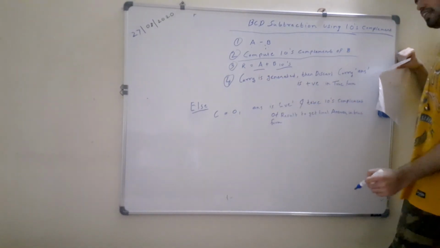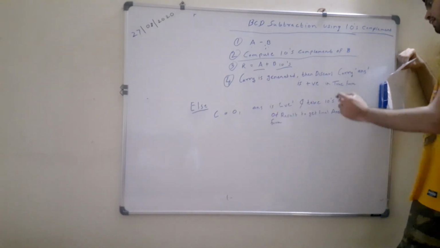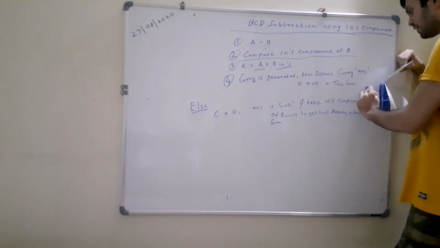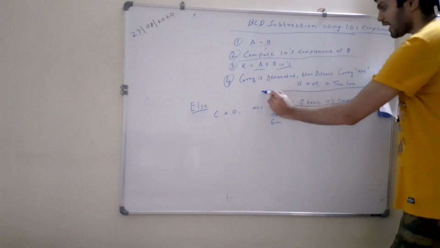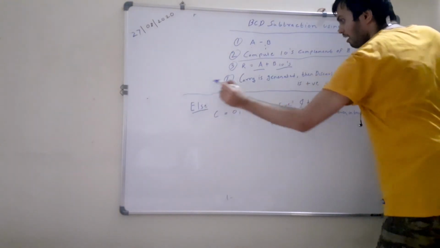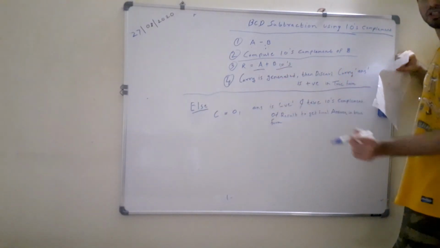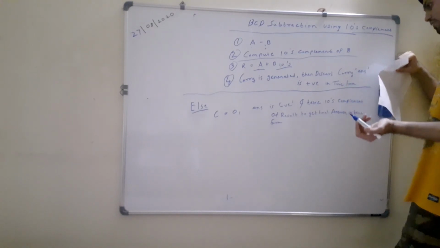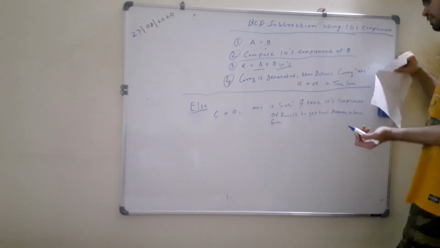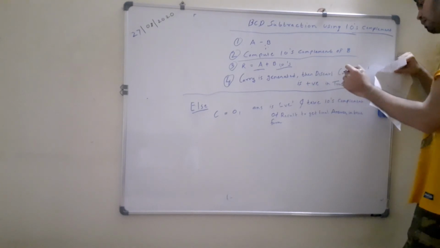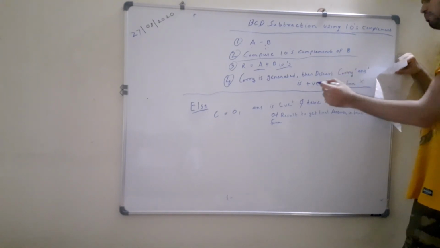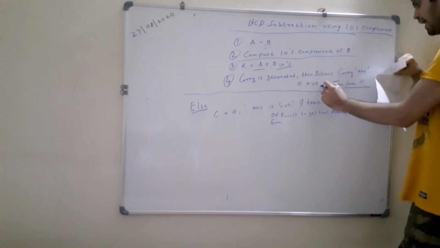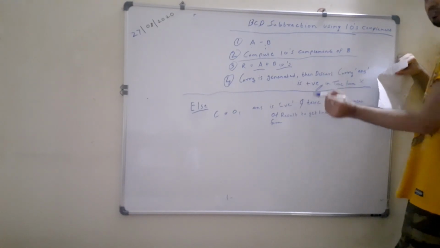And if carry is generated from that result, then discard the carry and your answer is positive and it will be in true form. So whenever carry is generated after addition of A plus tens complement of the number to be subtracted in the tens complement method, then you stop the procedure right here, because you simply discard the carry and your final answer of subtraction is obtained.